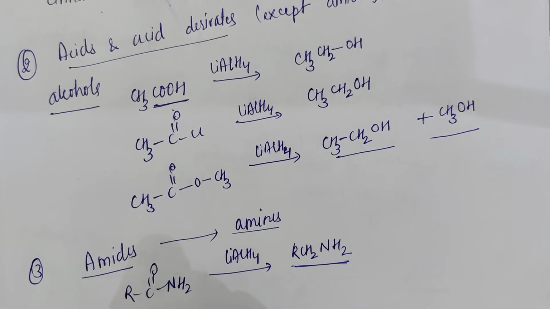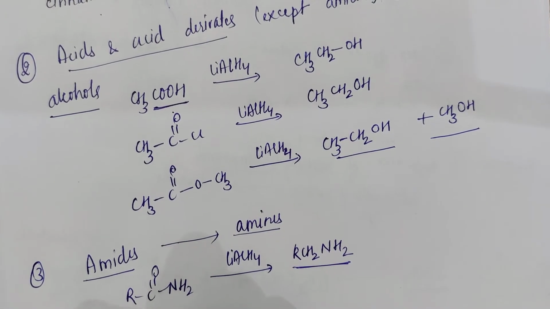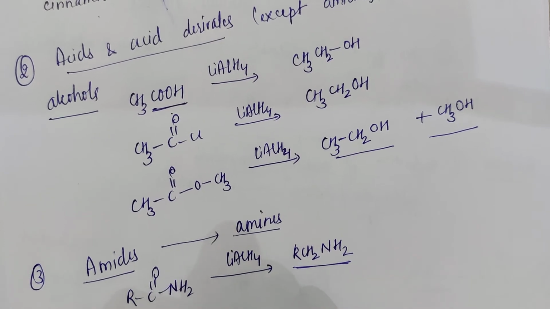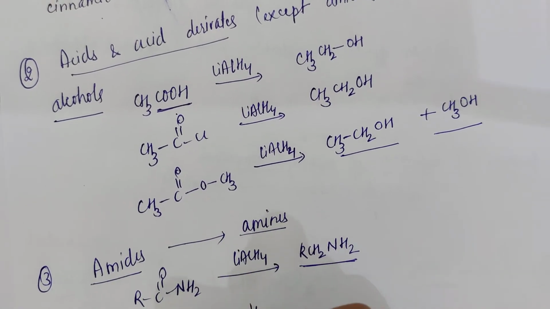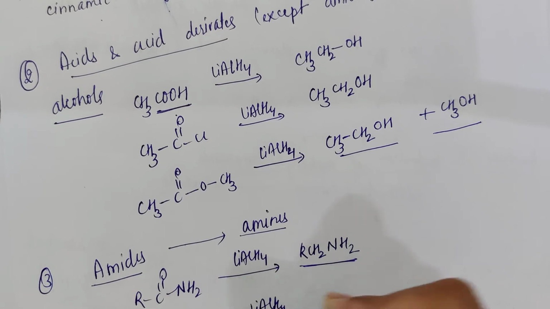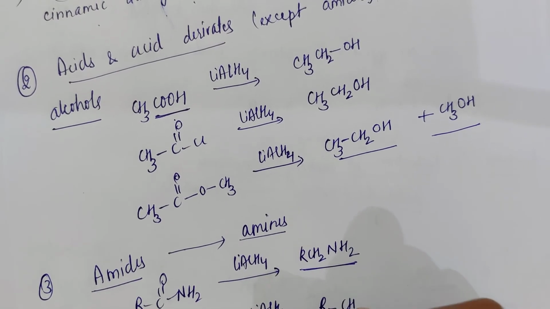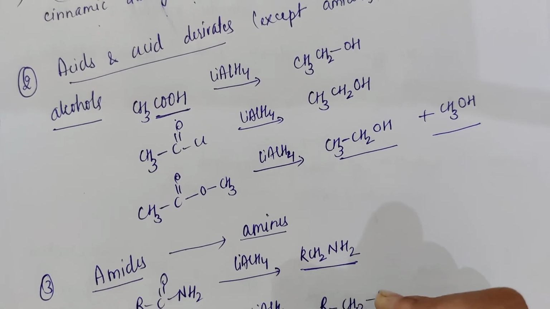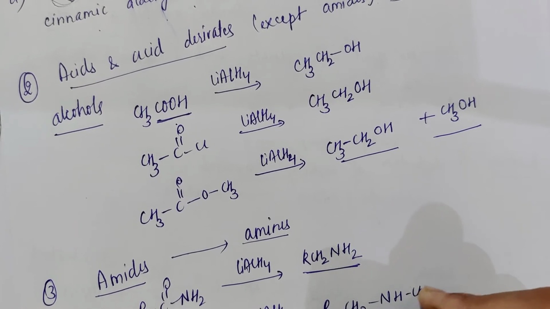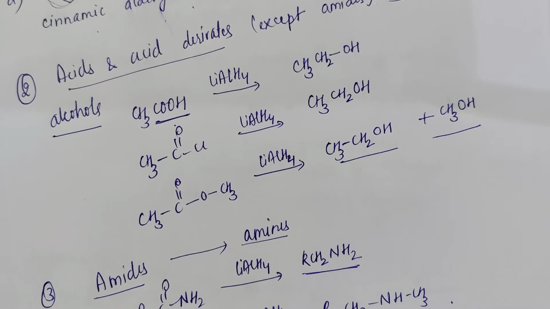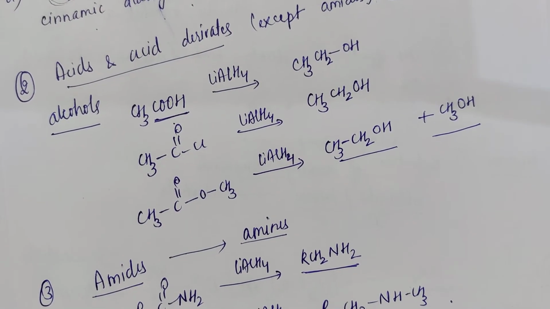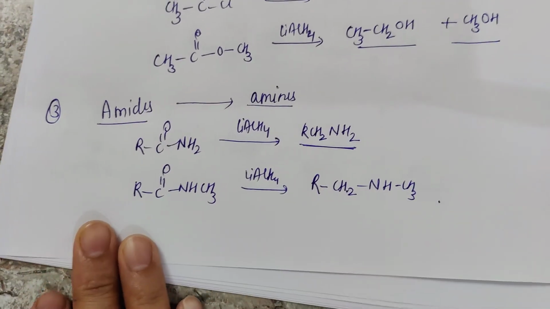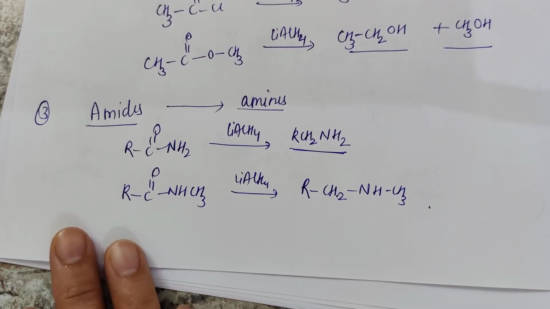Or if you have a substituted amide, even then a similar kind of reaction will be shown and the product will be RCH2NHCH3. So this way amides are converted into amines.